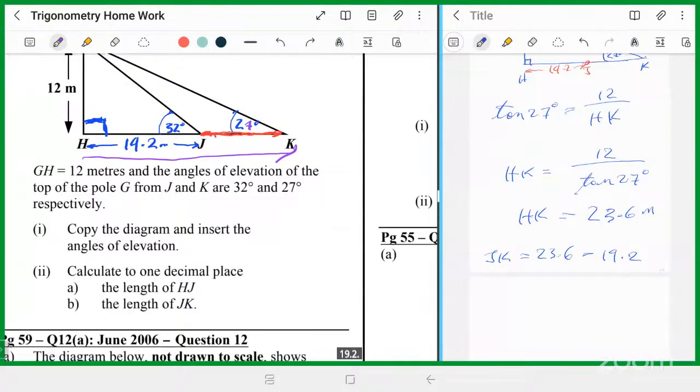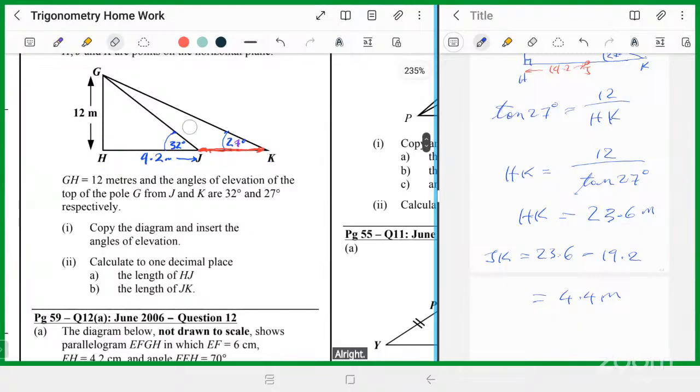So that works out to be 4.4 meters. This becomes 4.4 meters. That's that little distance there. Alright.